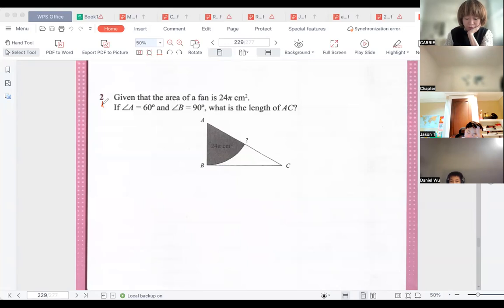要不要老师帮你们？So Jason, if I told you the area of a pie, like a fan, how did I get this one as a part of the circle? If I have a circle like that, okay?